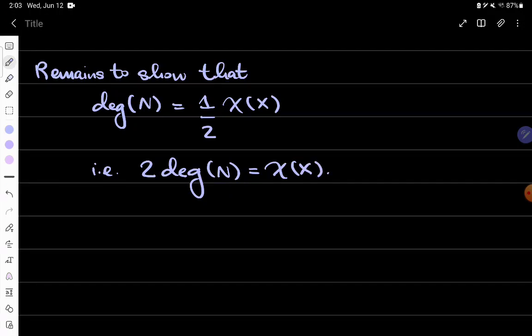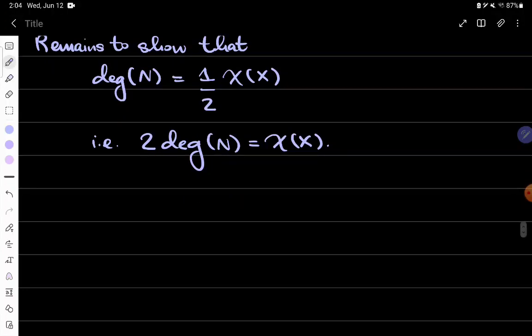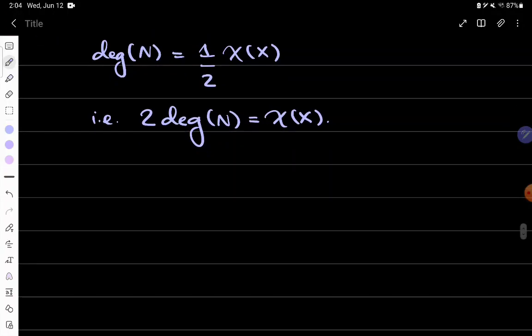Okay. So we want to find some kind of suitable vector field on which to apply Poincare-Hopf. So we are going to do the following.